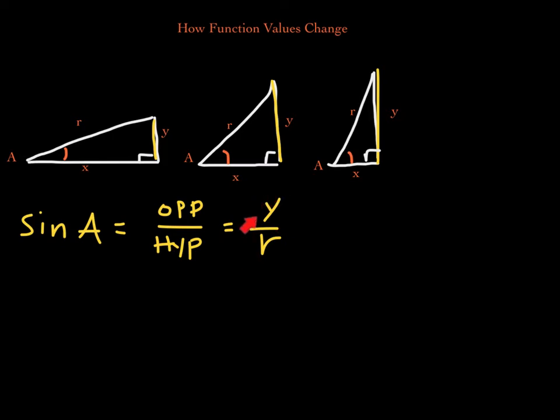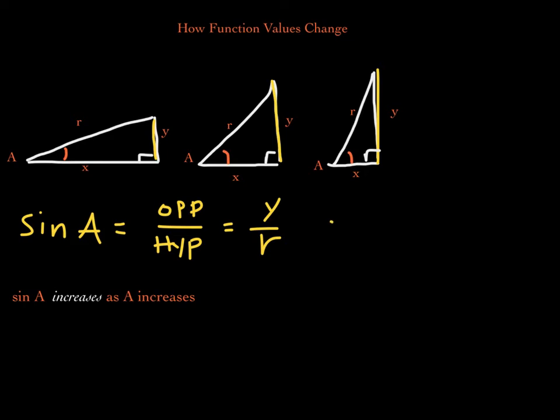In this fraction, if the numerator is getting bigger and bigger and the denominator is staying put, then the value of this ratio is getting larger and larger. In conclusion, as angle A increases, sine of A increases.